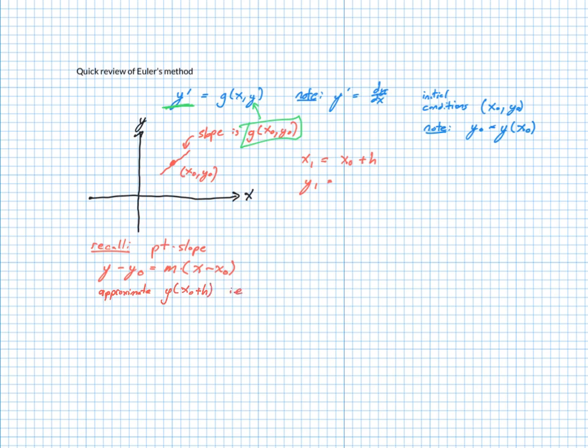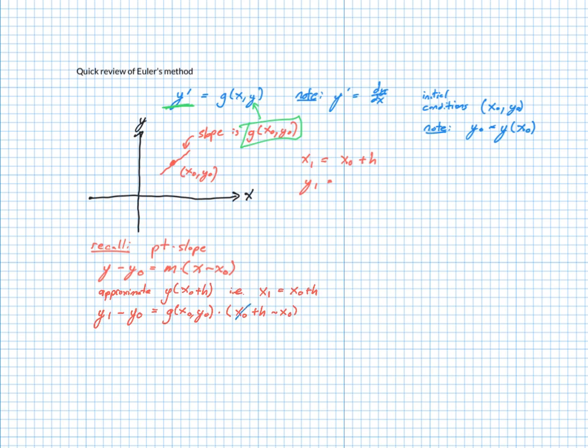So i.e. x1 is going to be x naught plus h, and our y1 minus y naught is equal to our slope, which is just g of x naught comma y naught, times x naught plus h minus x naught.